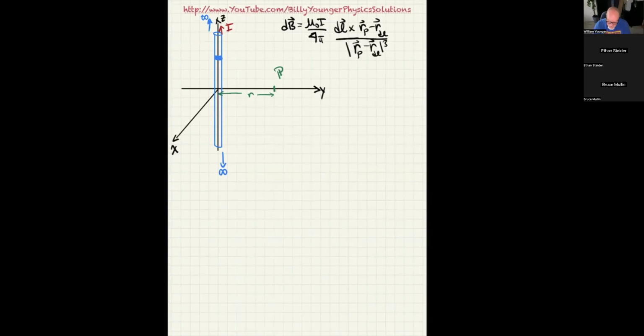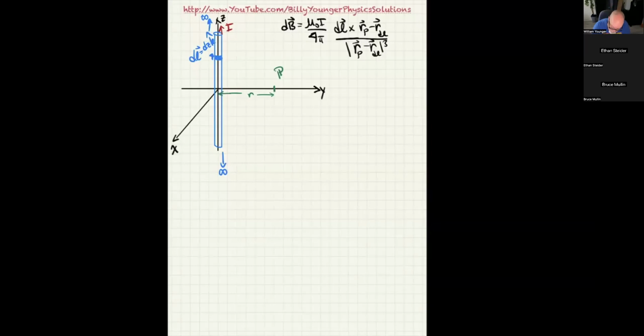Okay. So this little guy that I have right there with the little blue mark on it, that is my little dl vector. So I'm going to imagine this is a little vector dl, and that vector dl is just dz hat.